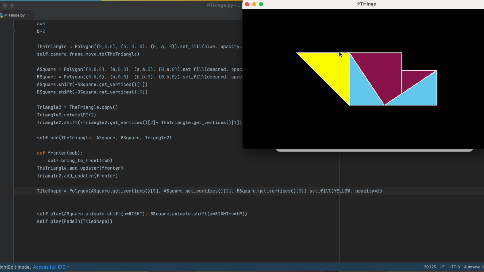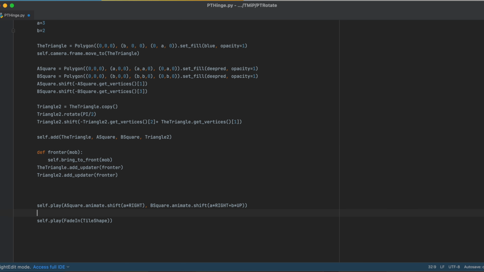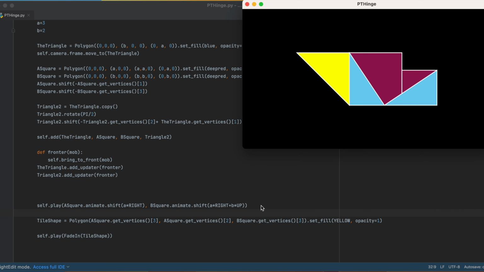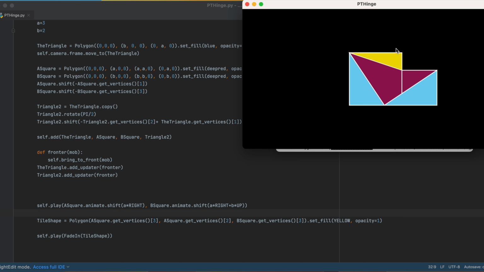Okay, so something clearly has gone wrong there, because it thinks that A square is still over there, even though I have shifted A square. Oh, because I drew that before shifting. So now if I do it, I should see it goes there and it fades in there.